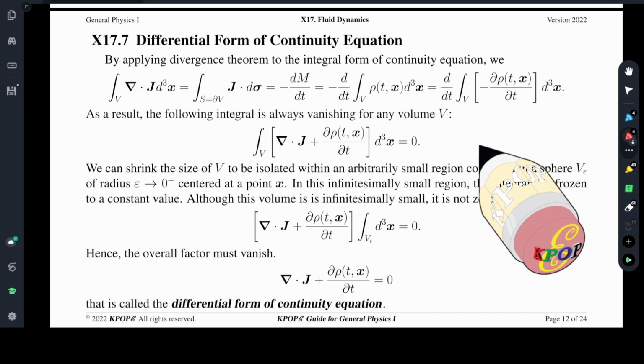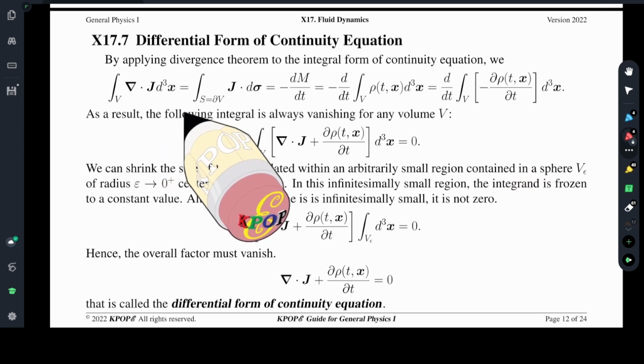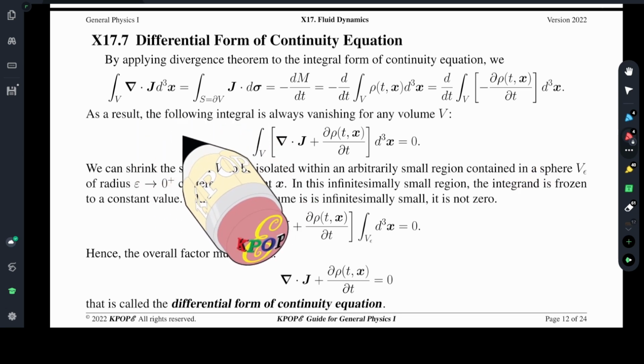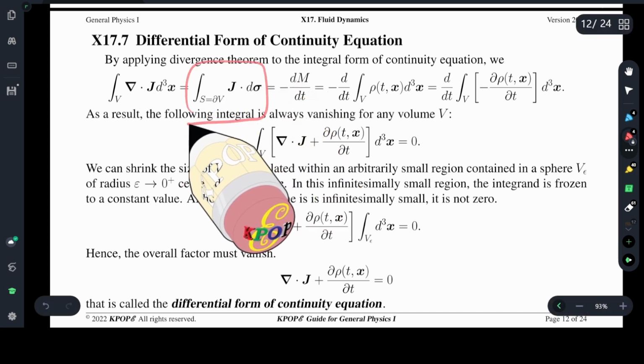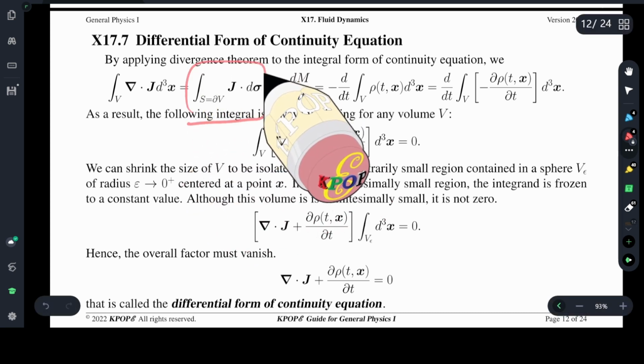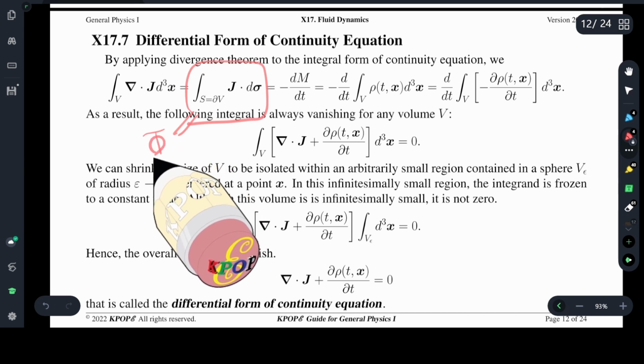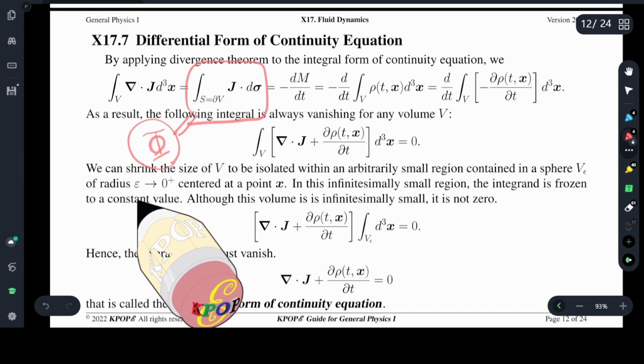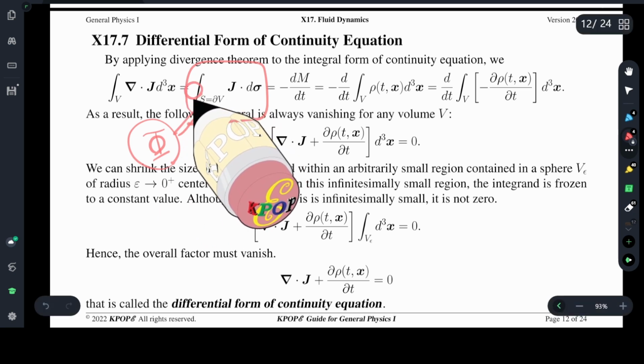Now we can apply this to modify the integral form of the continuity equation. Previously, we obtained the integral form of the continuity equation, and that is this one. We have computed the flux coming out of a closed surface, so I have to replace this one as a closed one too.